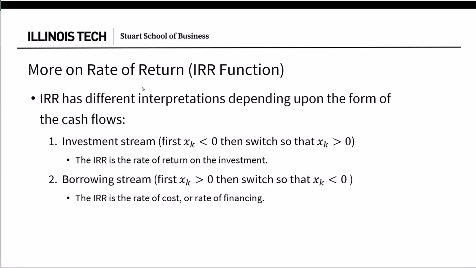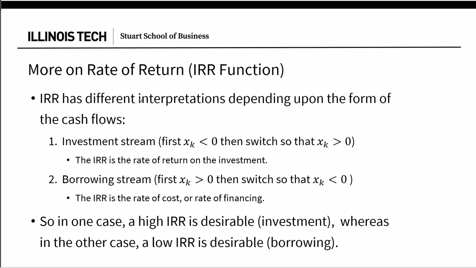For investment streams where first we invest money, so there's a negative cash outlay, and then this is followed by a switch so that we have positive inflows, the IRR is called the rate of return on the investment. Whereas when we have a borrowing stream where first we receive some positive cash flows, and then we switch to paying them off, so there are cash outlays, the IRR is called the rate of cost or the rate of financing.